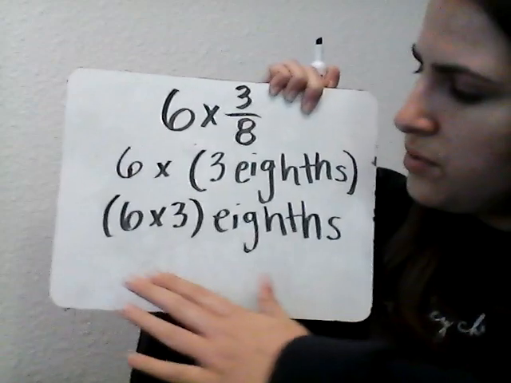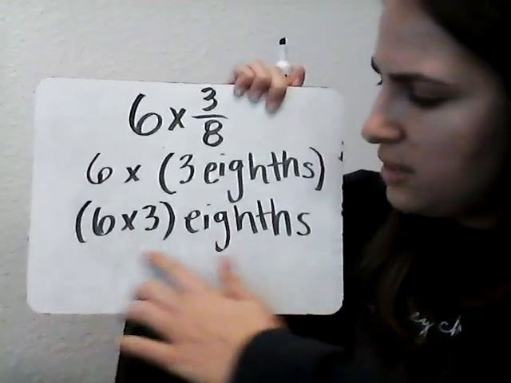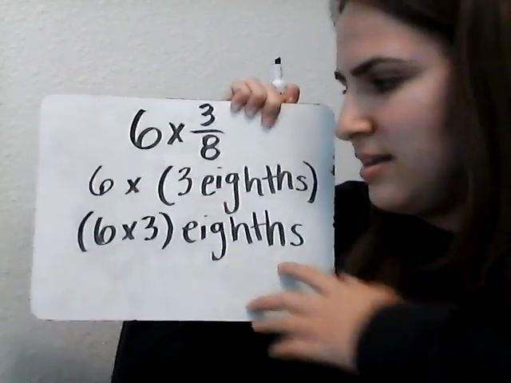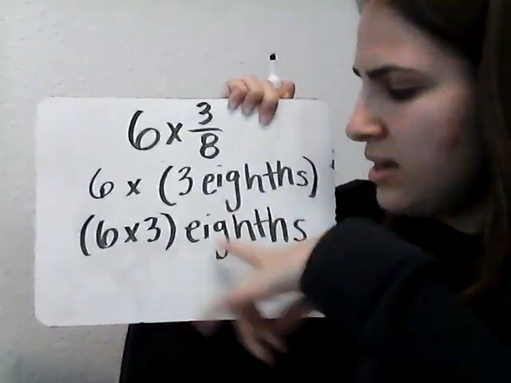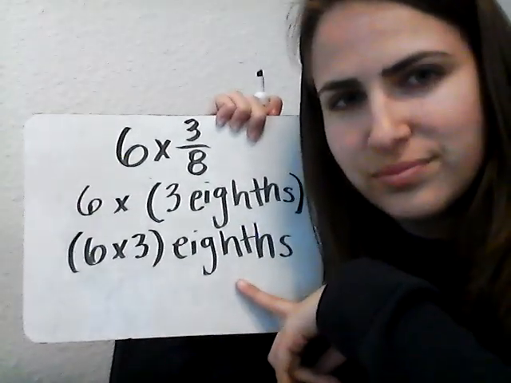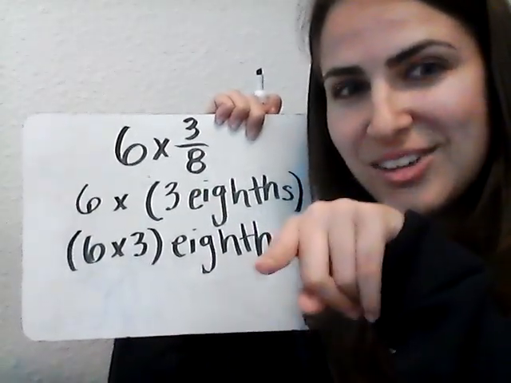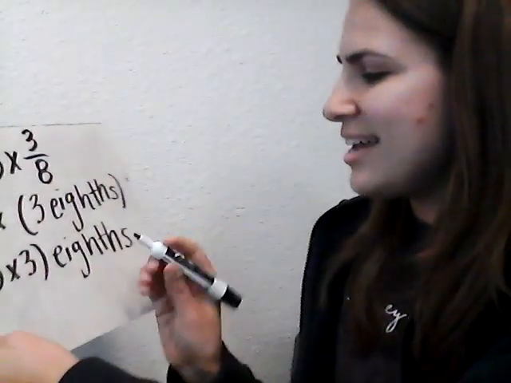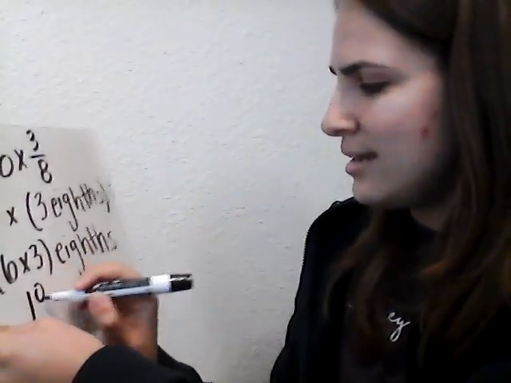Now, when you look at the way this problem is written, it's a lot easier to solve, isn't it? We have 6 times 3, and then our unit is 8ths. What is 6 times 3? You're right, it's 18. Yes, 18. So 6 times 3 is 18.